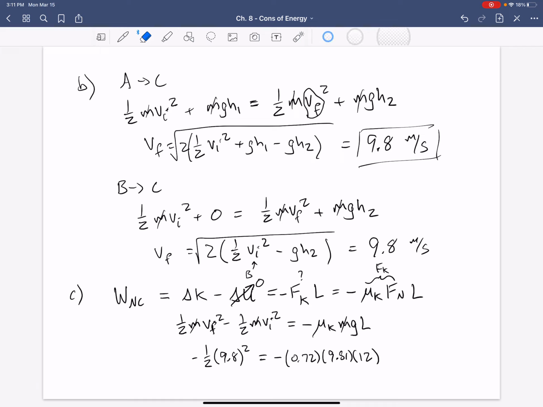Sorry, this shouldn't be equal. It should be, is it greater than or less than? I'm not worrying about the final kinetic energy yet because that's not needed. We really want to know if the initial kinetic energy is greater than or less than the work done by friction. In this case, it turns out to be 48.02.